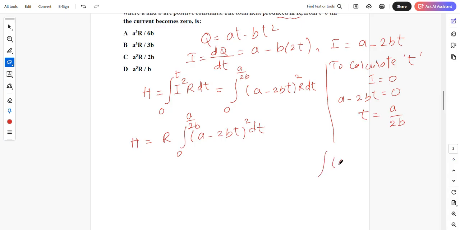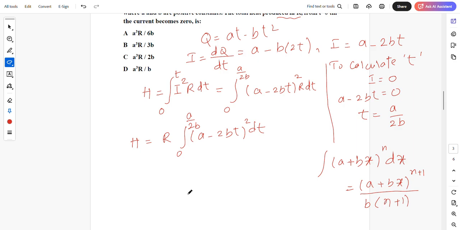Integration of (a plus bx) to the power of n with respect to x is, the same formula can be written as (a plus bx) to the power of n plus 1, you have to raise the power by 1, divided by n plus 1, into the coefficient of x, here b.